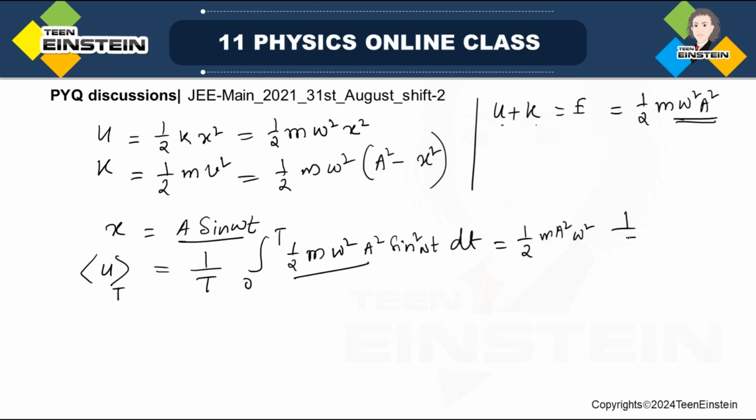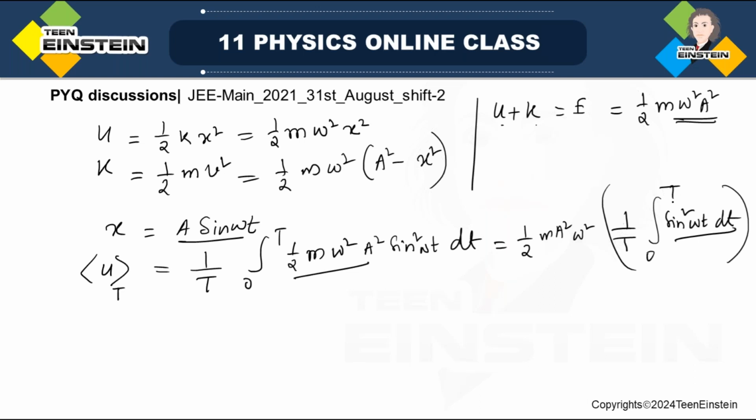So the only thing I have to integrate is sine square omega t dt. Whenever you have square quantities, sine square or cos square, this whole integration will give you upper limit by 2.